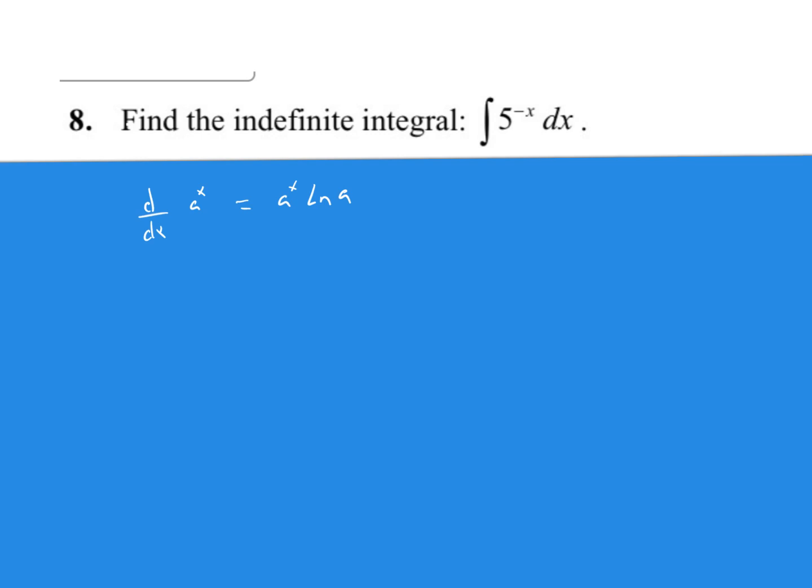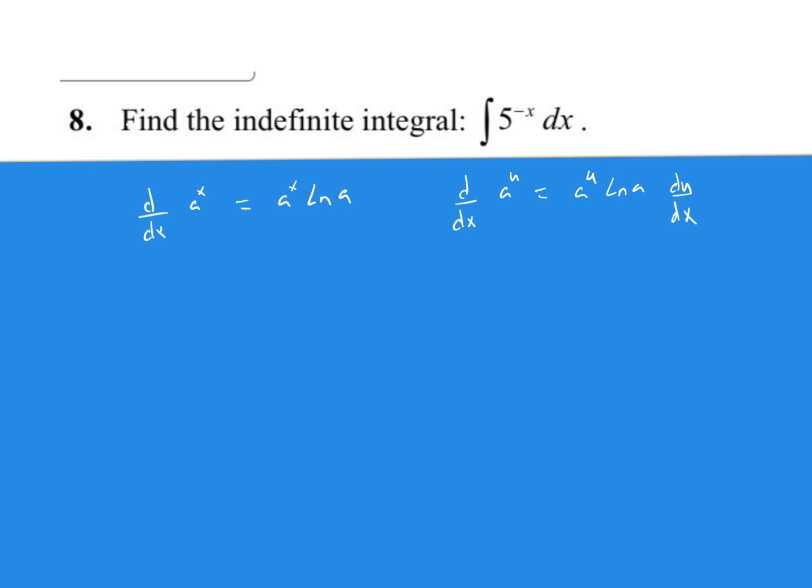So the function u is minus x. So let's write another equation. The derivative with respect to x of a to the u is equal to a to the u by the natural log of a by the derivative of u with respect to x.